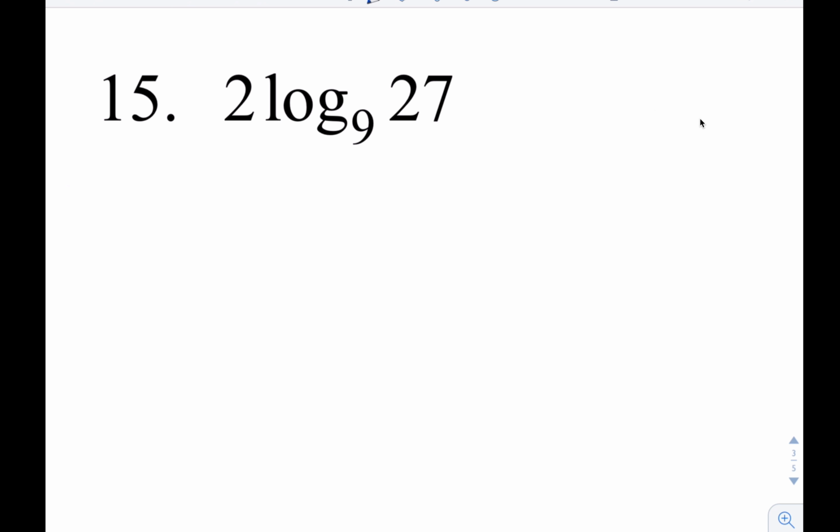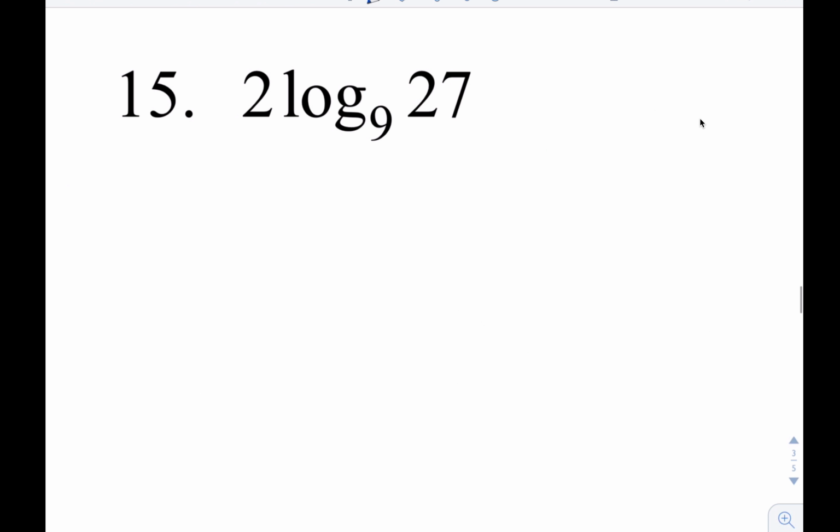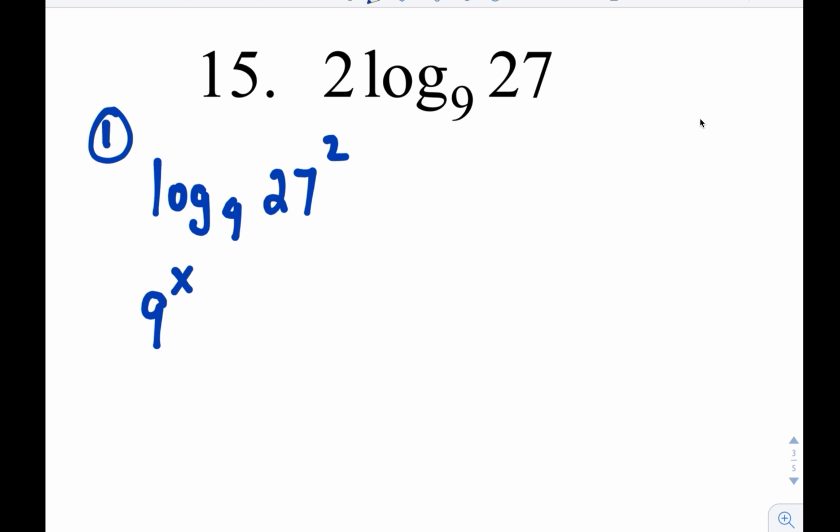All right. So now number 15, 2 times log base 9 of 27. You can do this really two ways. The first way is you can move the 2 and raise 27 to it. So this can now be log base 9 of 27 squared. So this will now turn into 9 to some power gives me 27 squared.